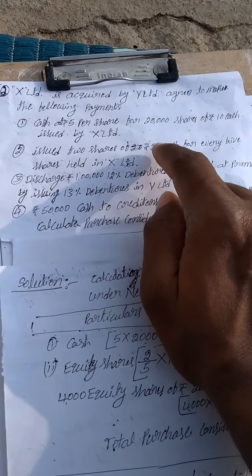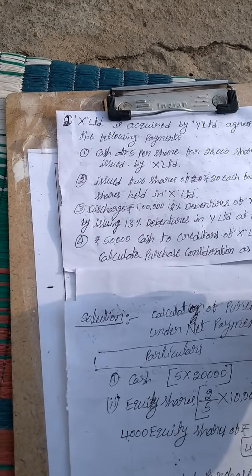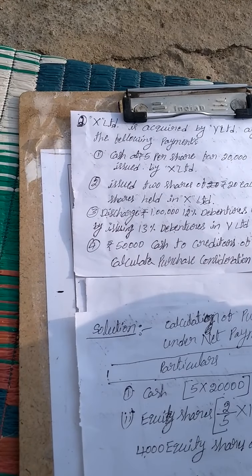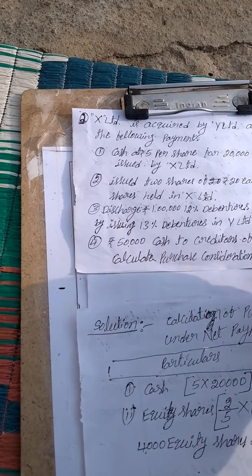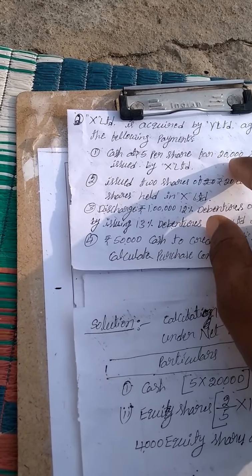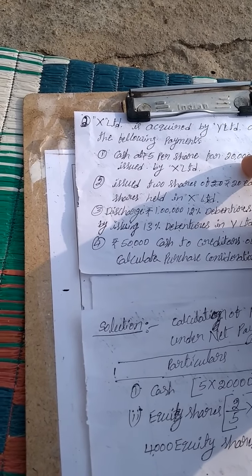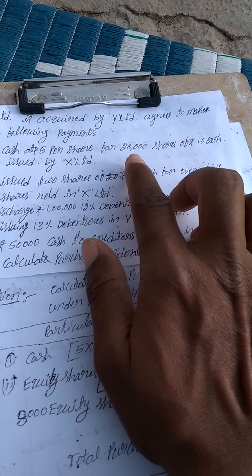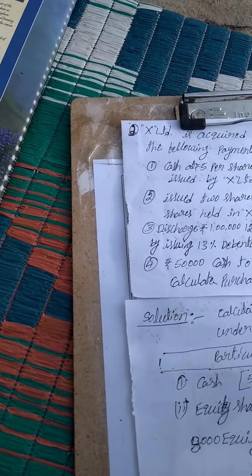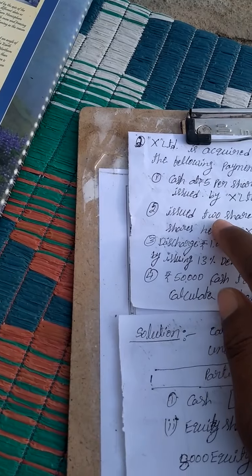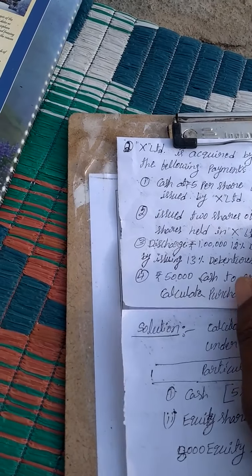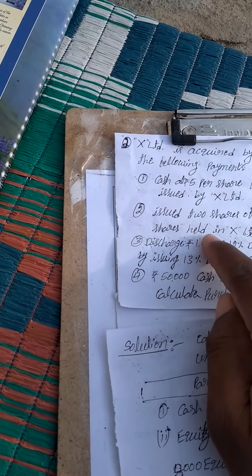How many shares do we have? 20,000 equity shares we have. Issue 2 shares of rupees 20 each for every 5 shares held in X Limited.